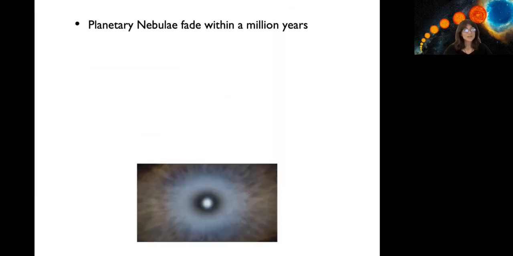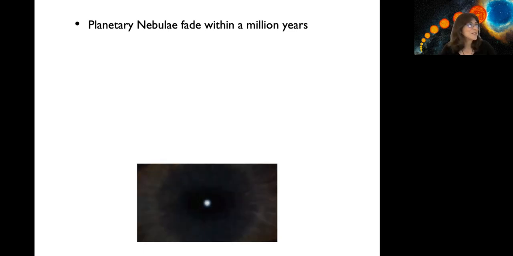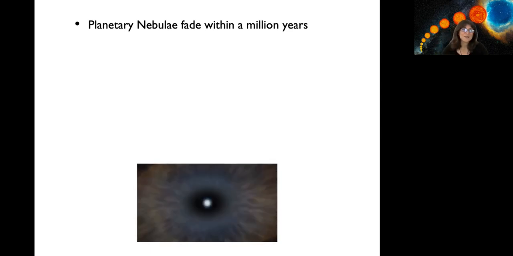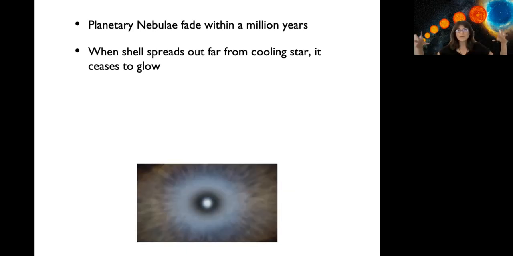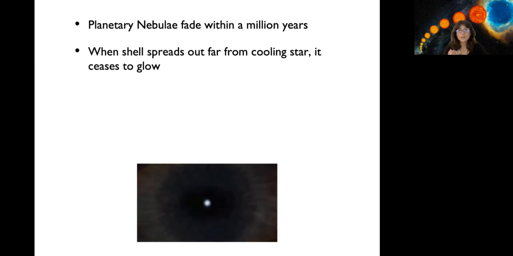All right, answering another question here: planetary nebulae fade within 1 million years. Compared to the lifetime of a low mass star, about 10 billion years, a planetary nebula is a blink of an eye, just about 1 million years or so. Why does it fade? Well, because the gas continues to spread, going away from the core, the cooling star.